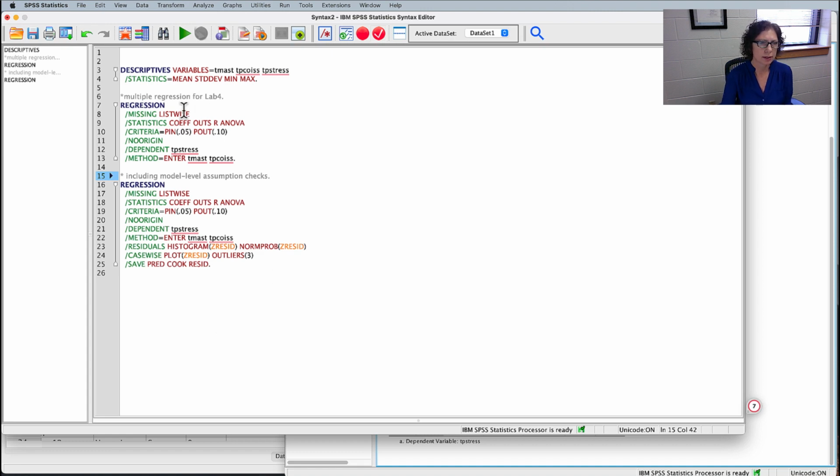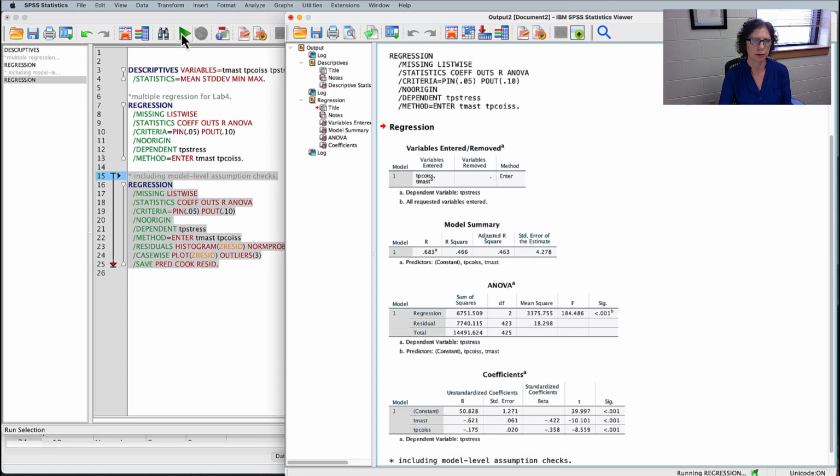So some things are the same, right? The differences is when we asked for the histogram and the probability plots. We got the case-wise when there are outliers more than 3 standard deviations, and we saved some extra variables going on here. So we're going to have new variables in our data set as well. So running this guy, let's take a look.